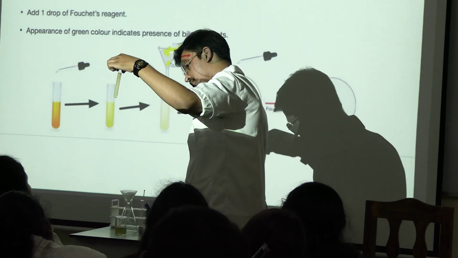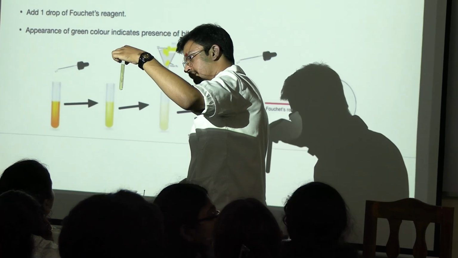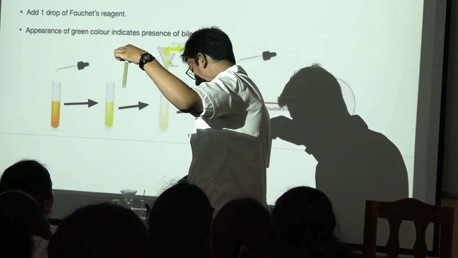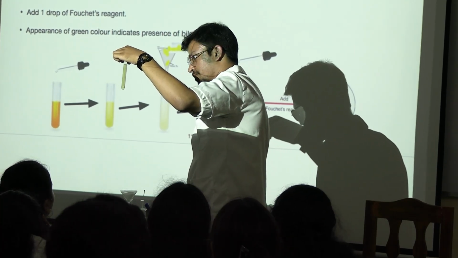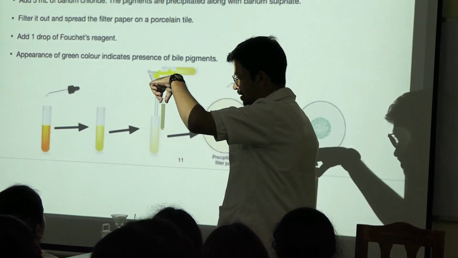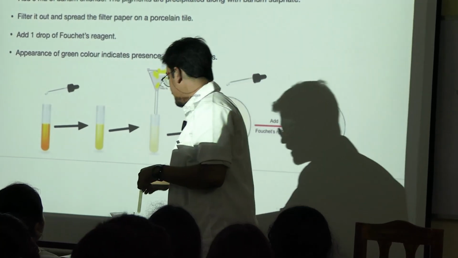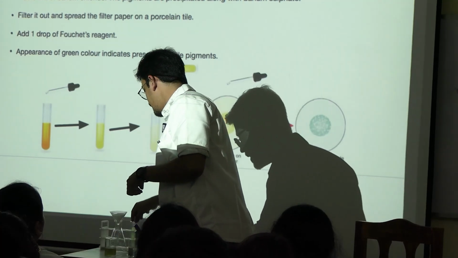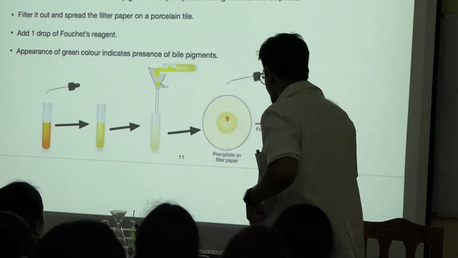See? You can see the change. Before that it was clear. Right now it is precipitating everything at the bottom. Okay. So for that reason we are using the glacial acetic acid. Now I can let it settle down, or I can just put it in the filter paper. Let's just settle it down for some time.